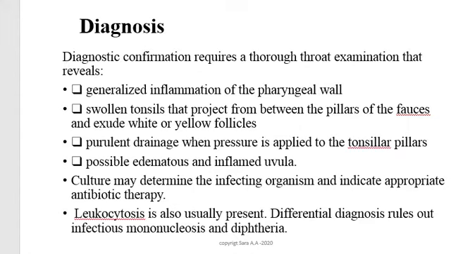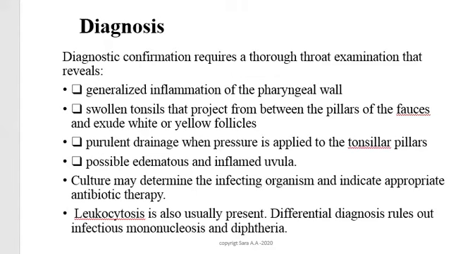Our diagnosis is based on generalized inflammation of the pharyngeal valve, the swollen tonsils that project from between the pillars of the fauces and exude white or yellow follicles, the purulent drainage when pressure is applied to the tonsillar pillars, and possibly an edematous and inflamed uvula.